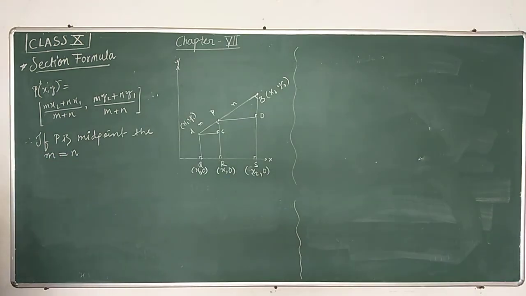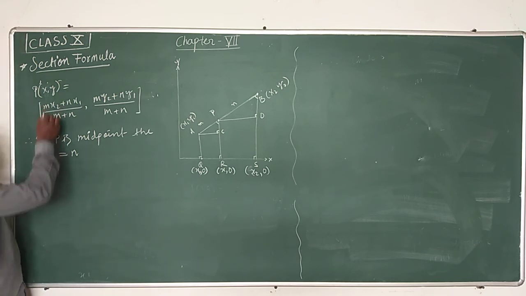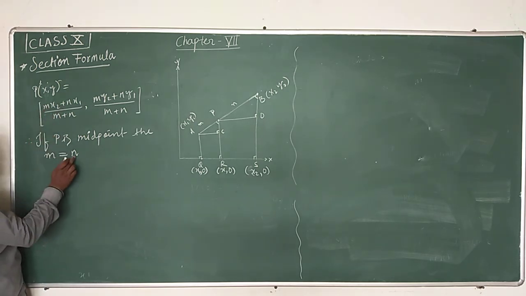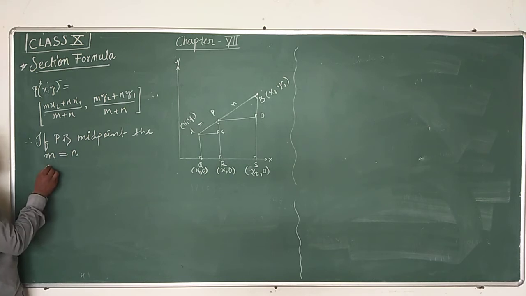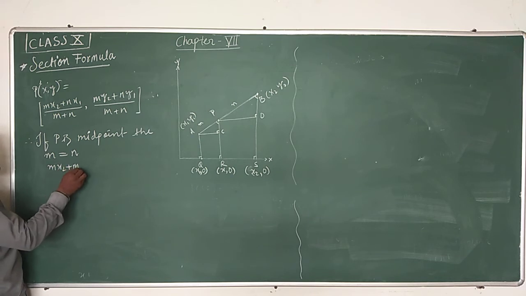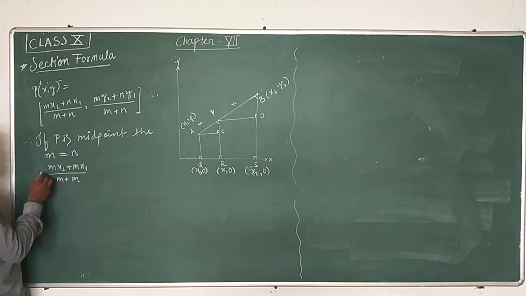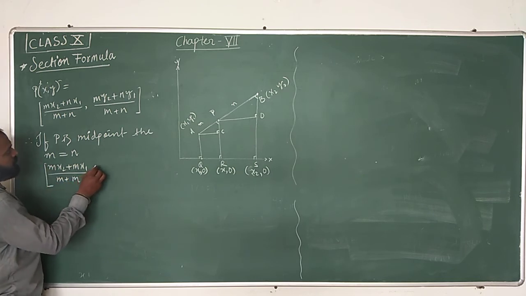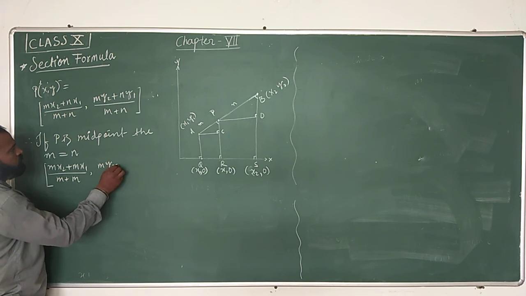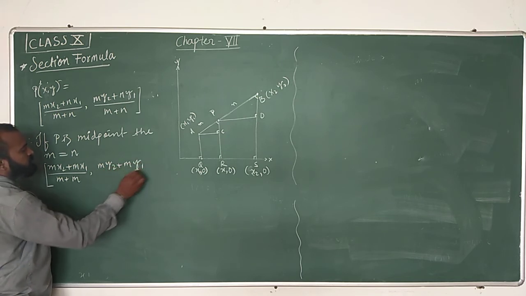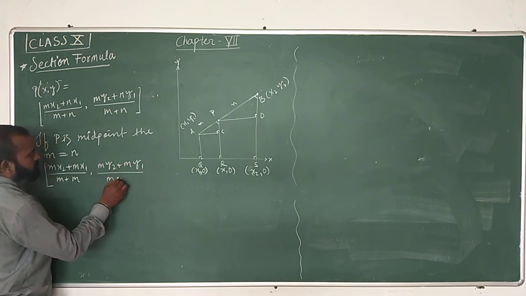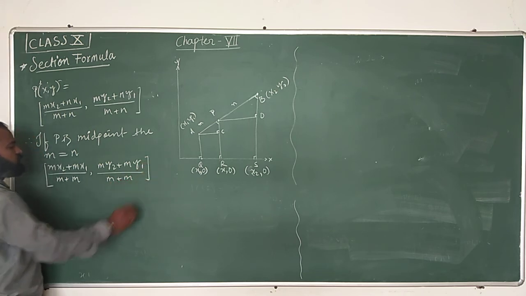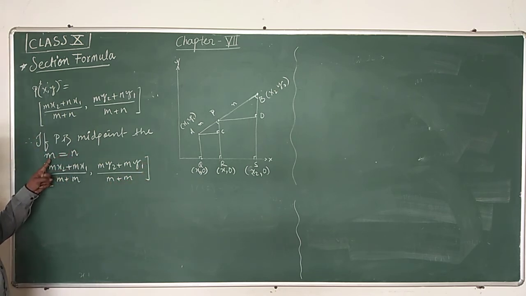If m is equal to n, then we'll write m instead of n. So what will be the formula here? (mx2 plus mx1) upon (m plus m), and (my2 plus my1) upon (m plus m). We have replaced all the n by m because m is equal to n.